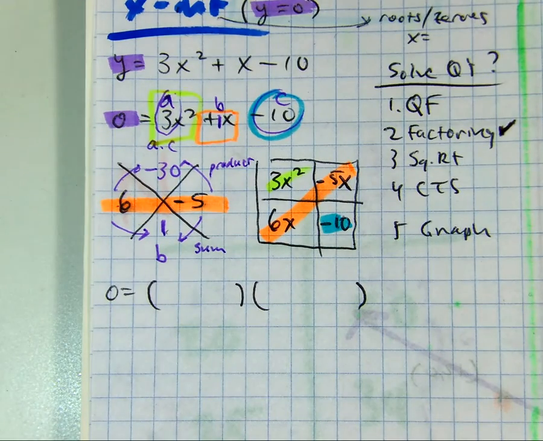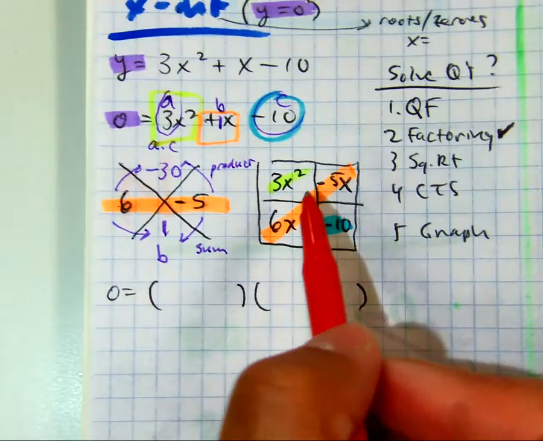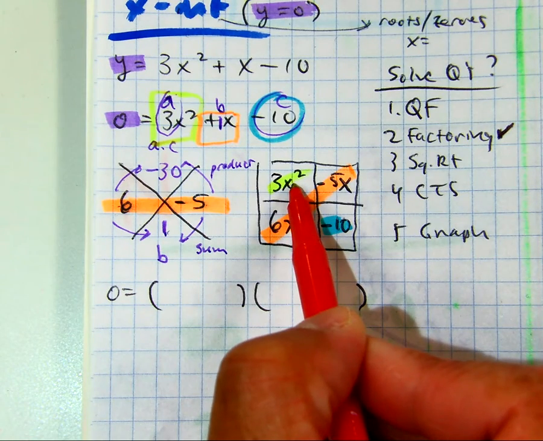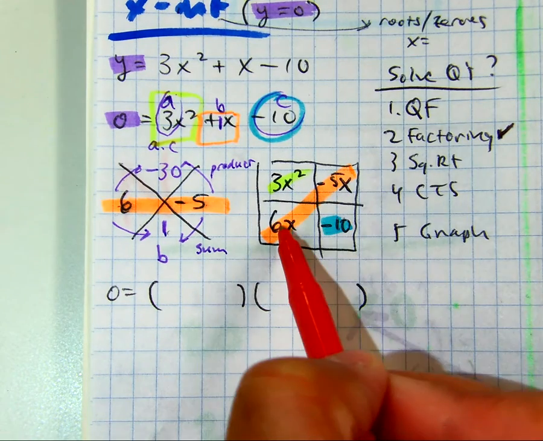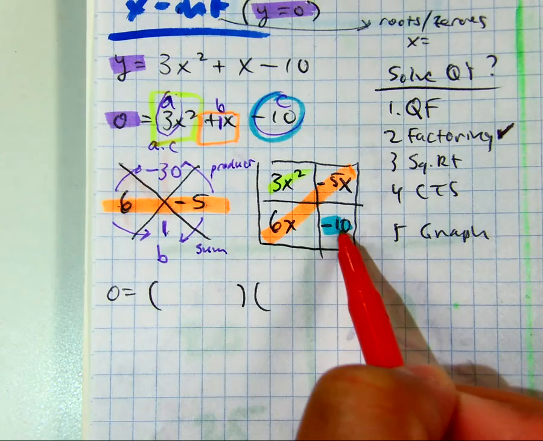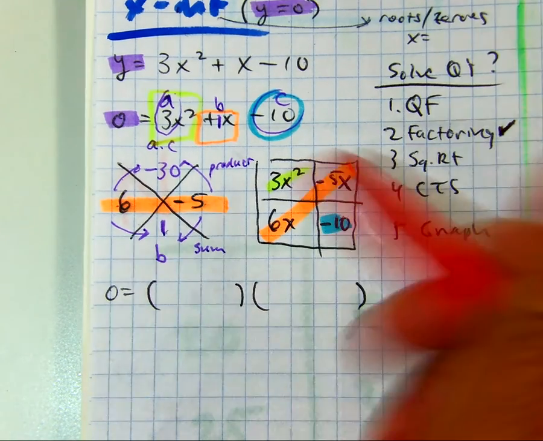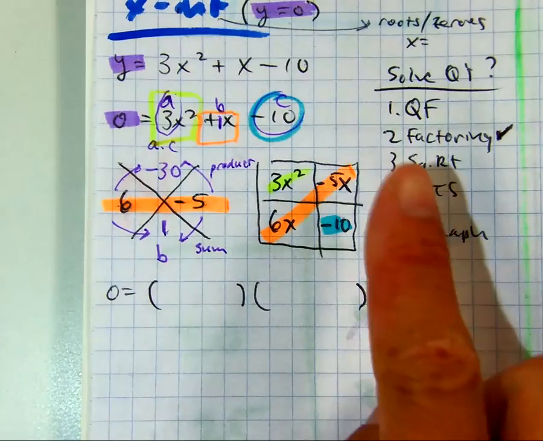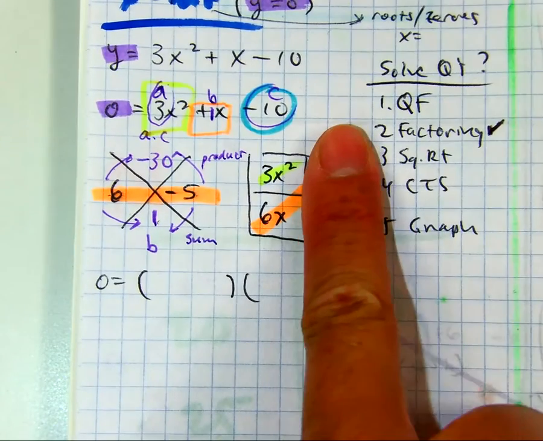Now I need to think of numbers on the outside of this box. Essentially what this box is doing is factoring by grouping. Okay? A great way in math, if you struggle, is to use your finger and cover up things so you can focus.